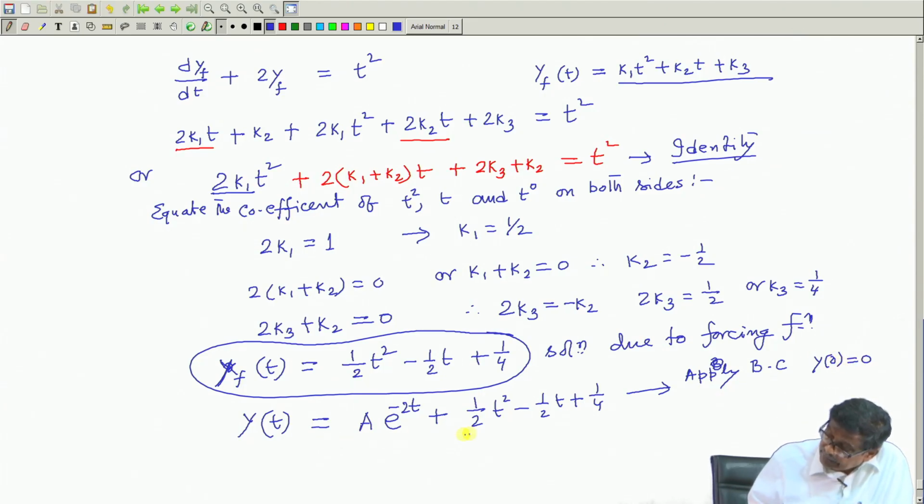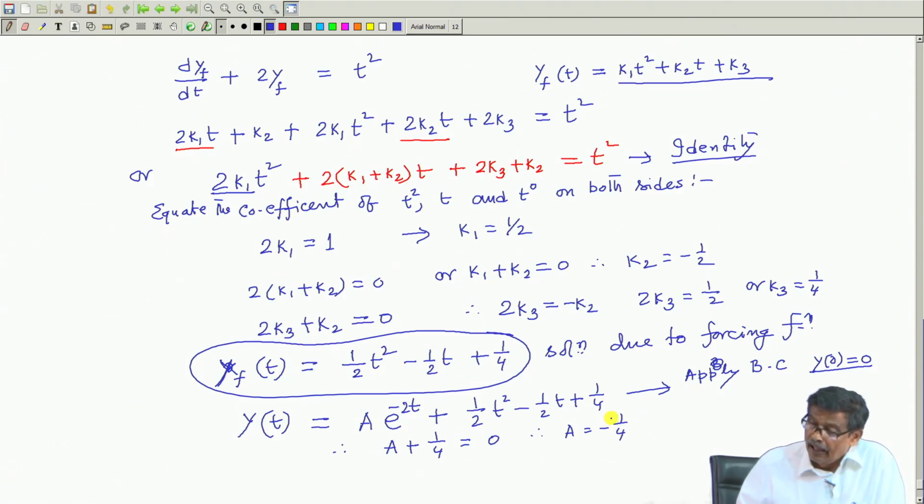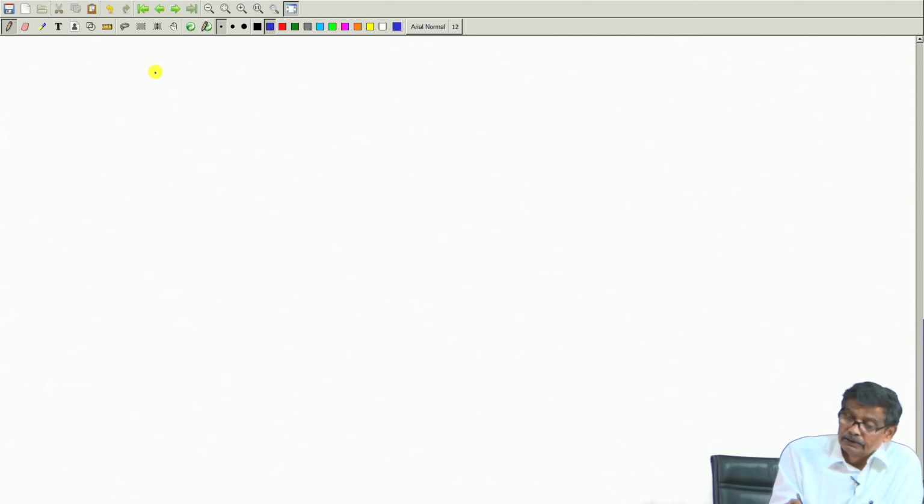Therefore, at t equal to 0, y(0) is 0. So, put t equal to 0. It will give you a times 1 plus 0 plus 1 by 4 is equal to 0, because of the boundary condition. So, a is equal to minus 1 by 4.